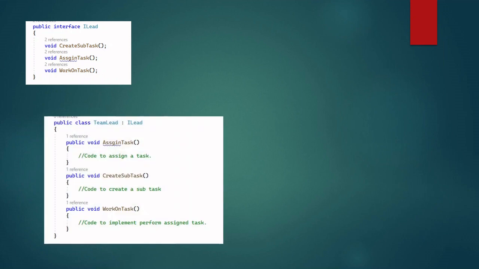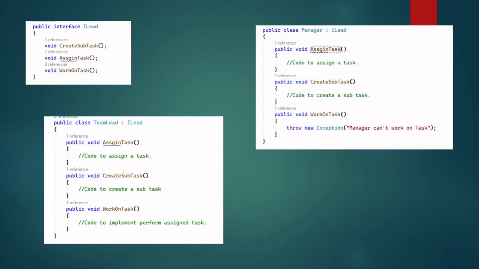Now, if I write a team lead class implementing the iLead interface, I will implement the assign task method, create subtask method, and work on task method. Now, when I try to write the manager class, he can assign the task and create subtasks, but he cannot work on the task.